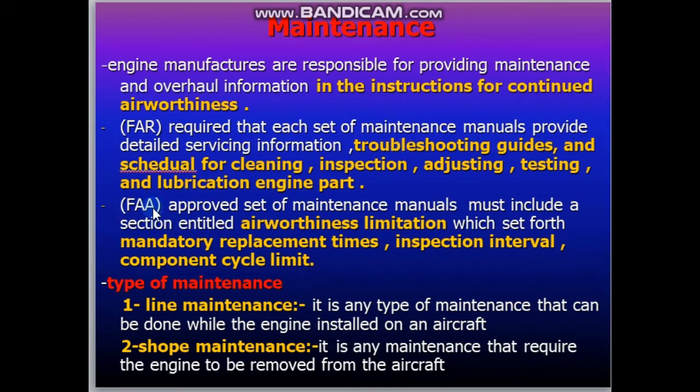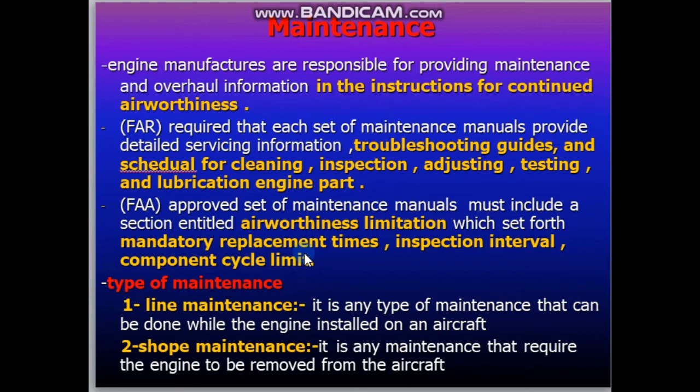The FAA approved set of maintenance manuals must include a section entitled Airworthiness Limitations, which sets forth mandatory replacement times, inspection intervals, and component cycle limits.